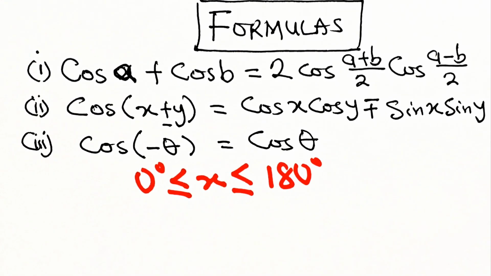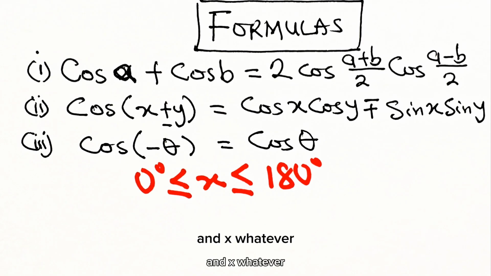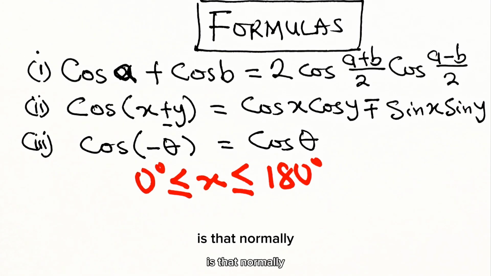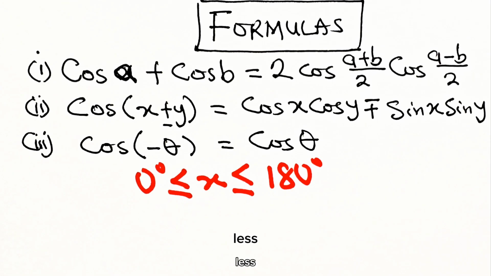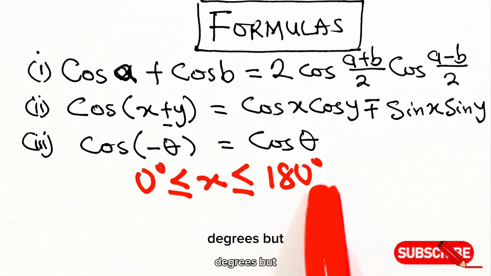Whatever we guess as our solution must be less than 180 degrees. Normally we will be asked to solve for 0 less than or equal to x, and x less than or equal to 360 degrees, but we have to pay much attention to this.